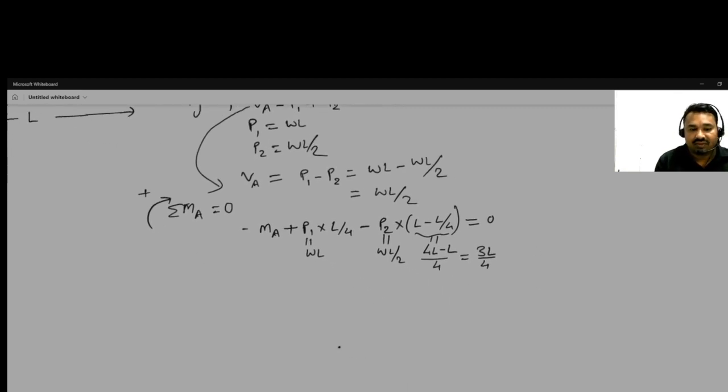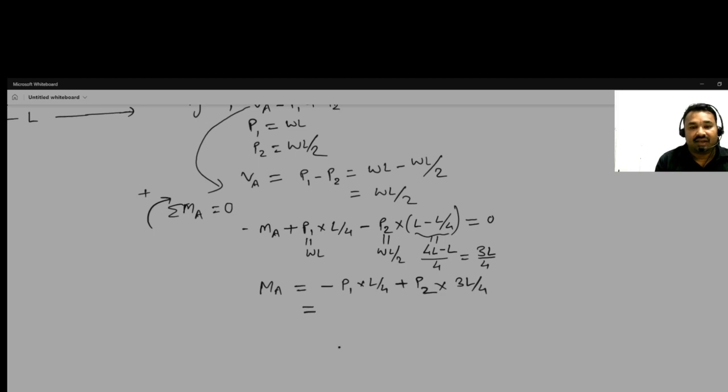So what we get, MA is equal to minus P1 multiplied by L by 4 plus P2 multiplied by 3L by 4.